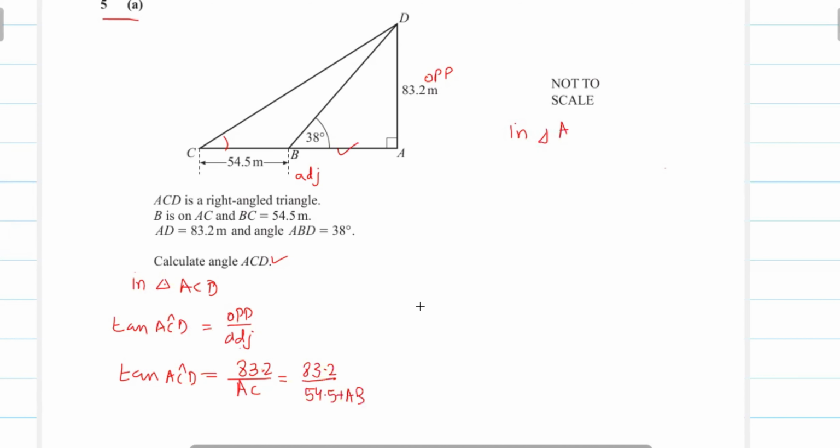In triangle ABD, AD is the opposite side and AB is the adjacent side. We write here opposite side AD over length AB equal to tan 38 degrees.